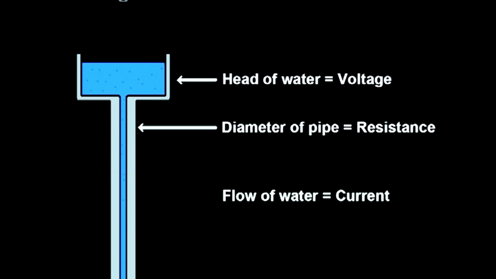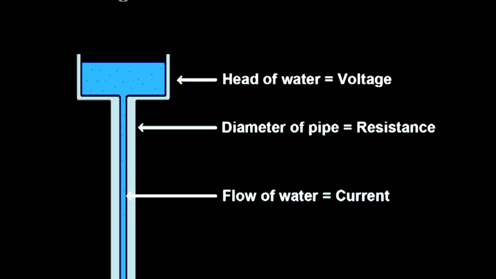So we've got a head of voltage at the top of the circuit. We've got the resistance, which allows a certain amount of current to flow. The greater the resistance, the narrower becomes the pipe, and so the current is reduced.